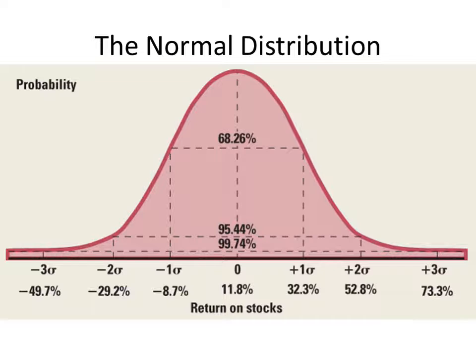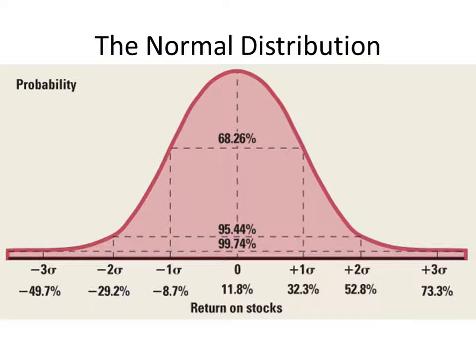Now, what if I ask you what percent of years will have stock returns lower than negative 29.2%? Well, you can look and see that between negative 29.2% and positive 52.8%, we have 95.44% of all observations.